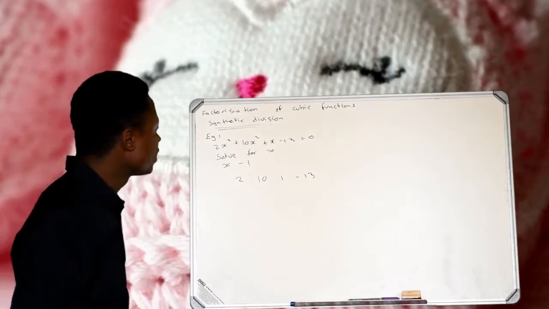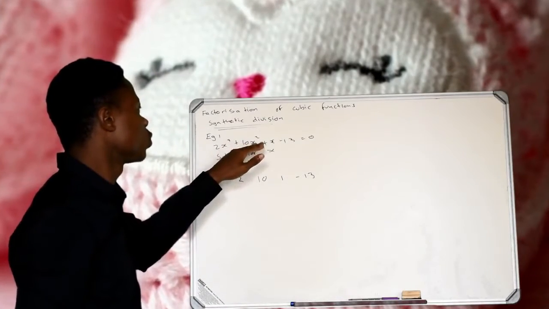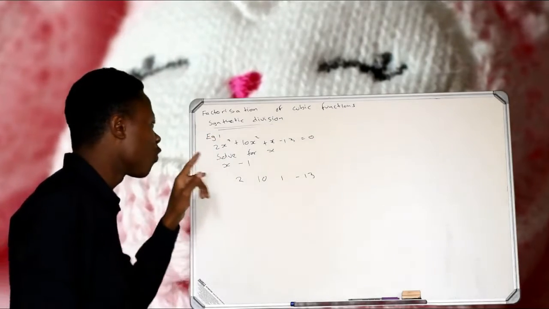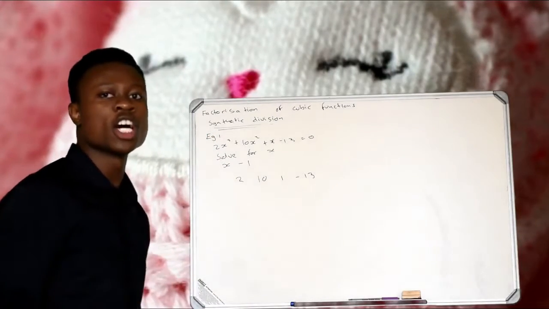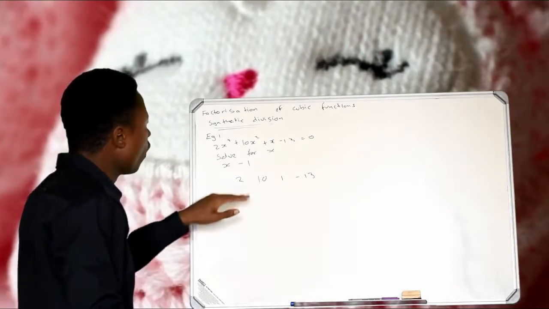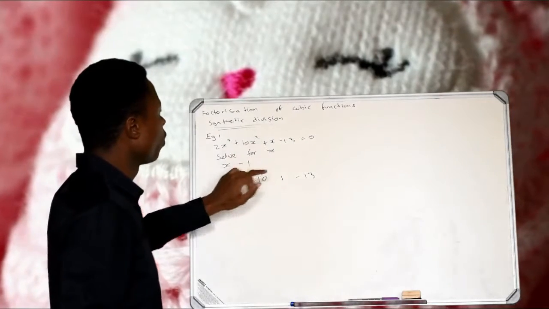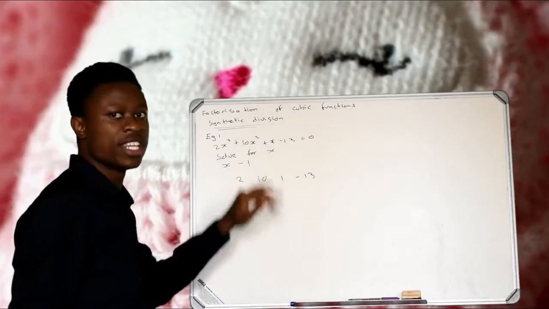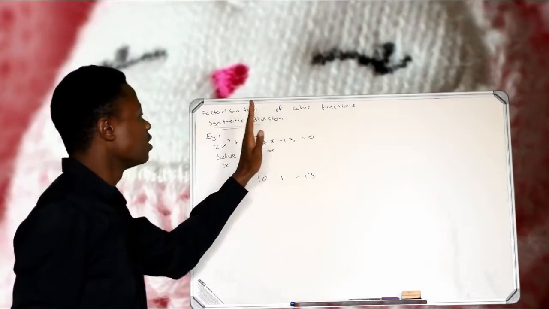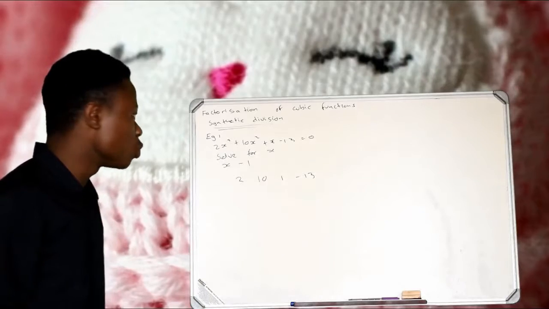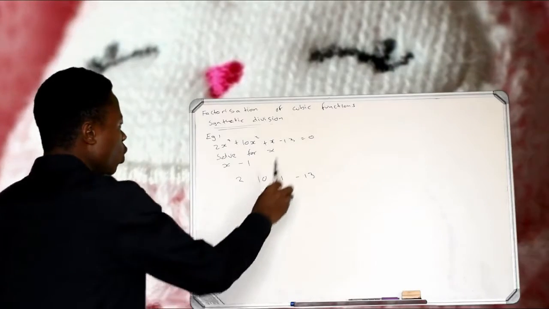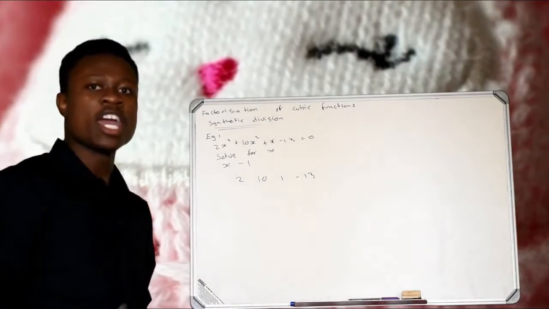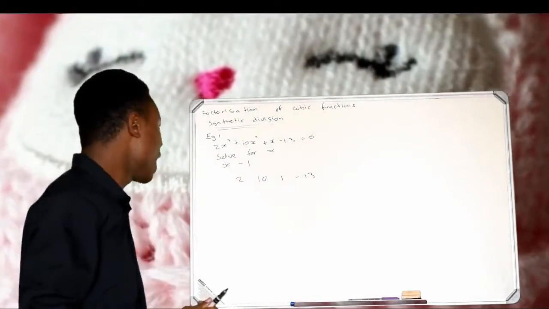If, for example, let's say it went from x cubed to x, there was no x squared, I would make sure that I write a 0. If I do not write a 0 there, my answer will be wrong. So if, let's say, for example, we have 2x cubed plus 10x squared minus 13, there's no x. I have to write a 0 where the x is supposed to be. So it's supposed to go down in exponent. So it goes 0, 1, 2, 3, 4. So every position must be held by a variable.